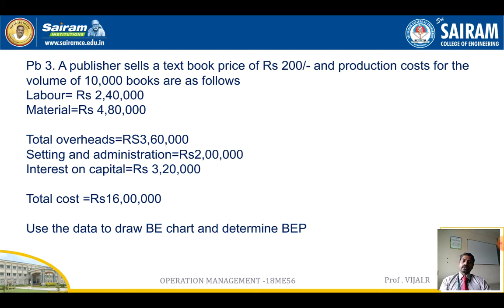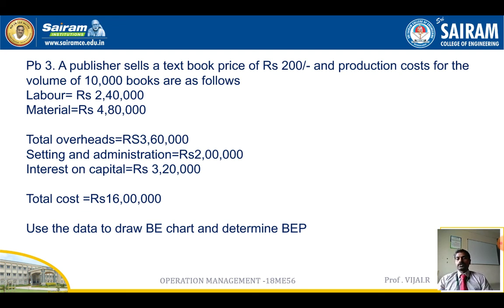So we have to calculate now. See the given data: labor 2 lakhs 40,000 and material 4 lakhs 80,000, both come under variable cost. When we start producing the component, only then are we giving salary to the employees and purchasing materials for it.